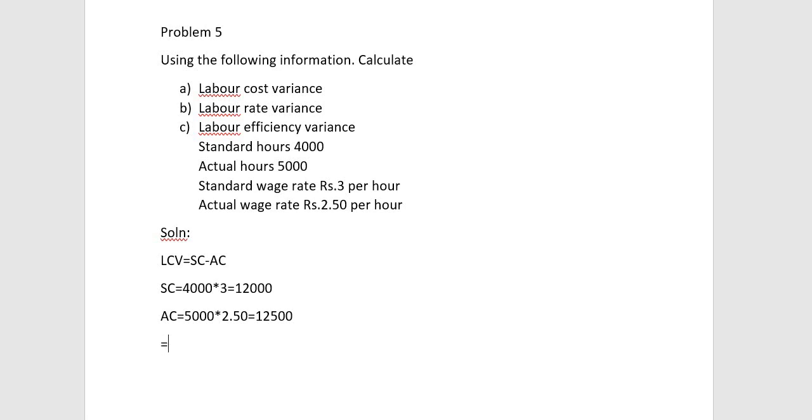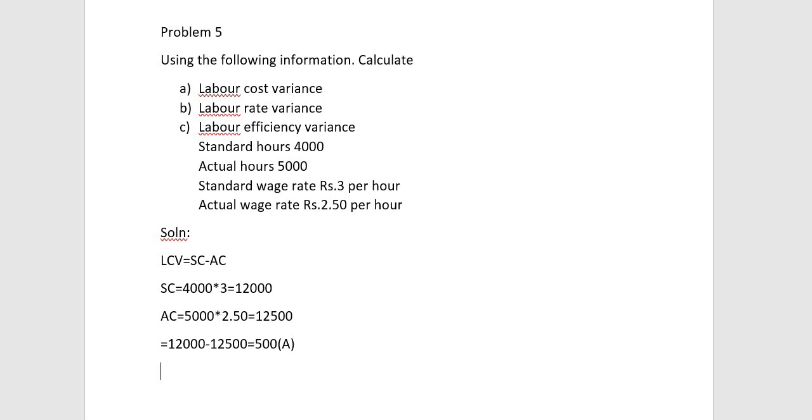Standard cost 12,000 minus actual cost 12,500 is minus 500, which is an adverse variance, a negative impact.